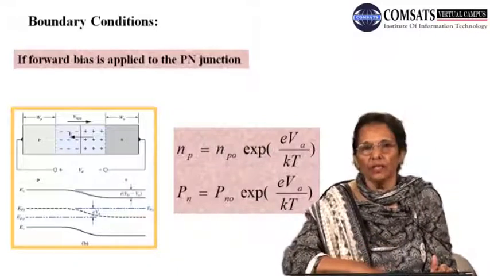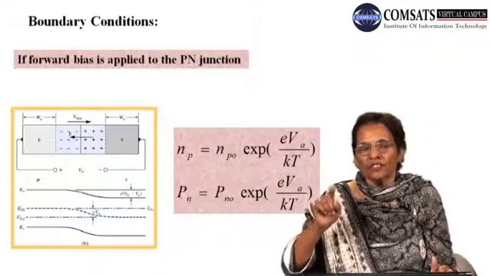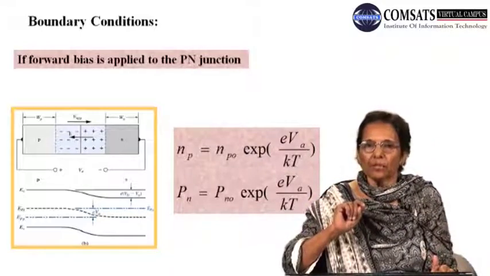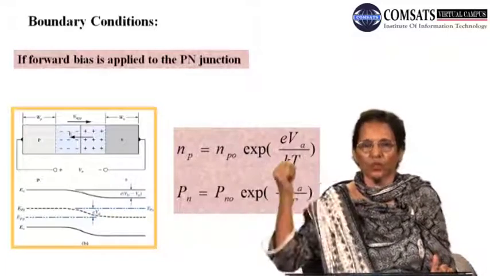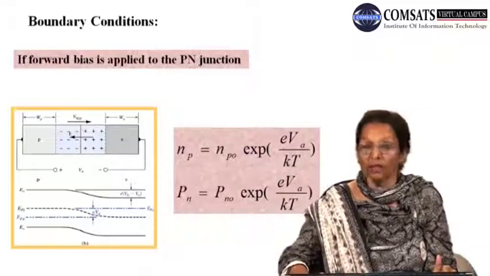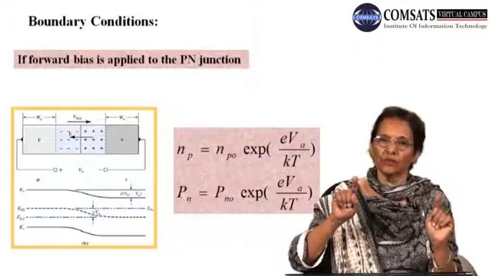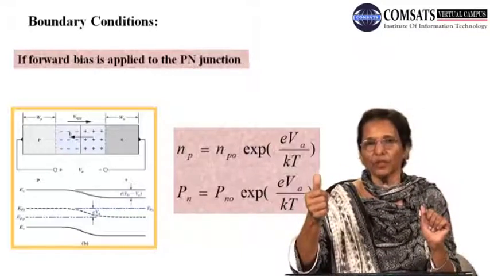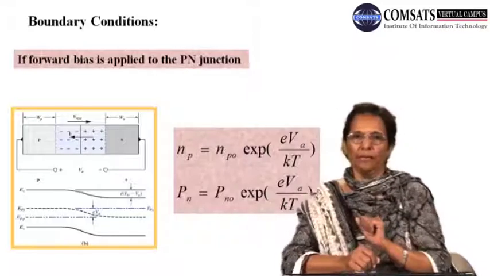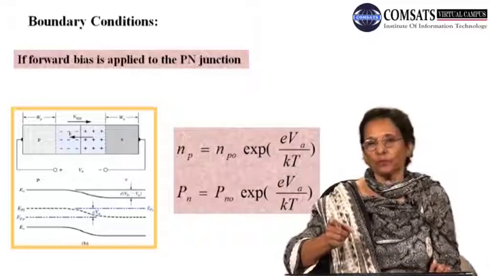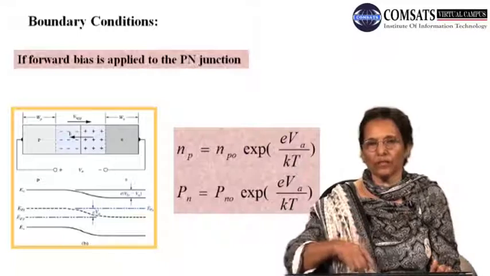Similarly, injected minority holes on the N side. The concentration of these injected minority carriers depends, as is shown in this equation, on the equilibrium carrier concentration, which in turn is determined from the added acceptor impurity and added donor impurity respectively on the P and N side, and also on the applied potential, and also on the temperature.